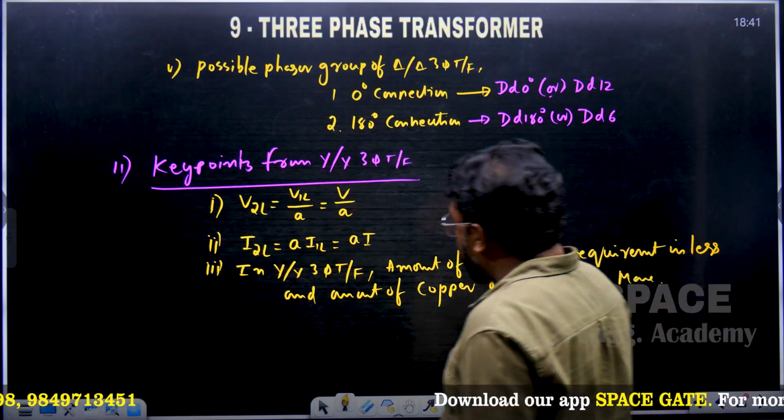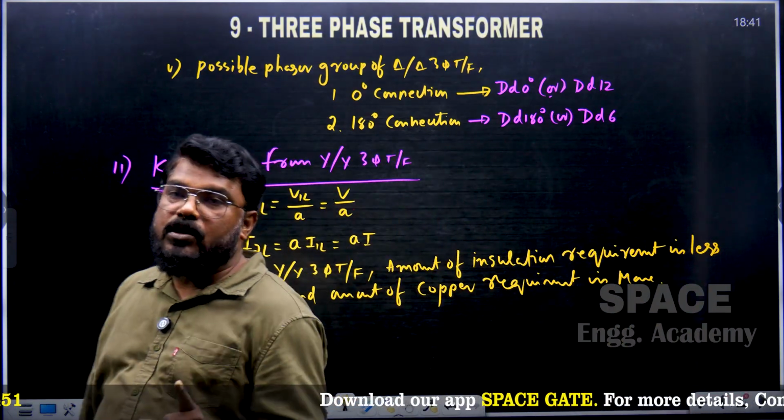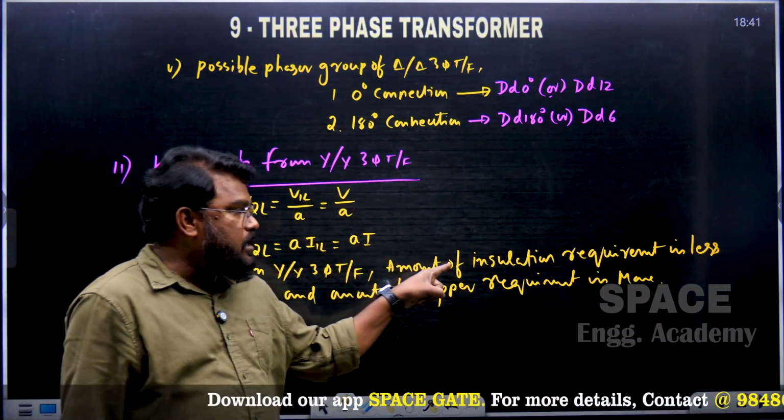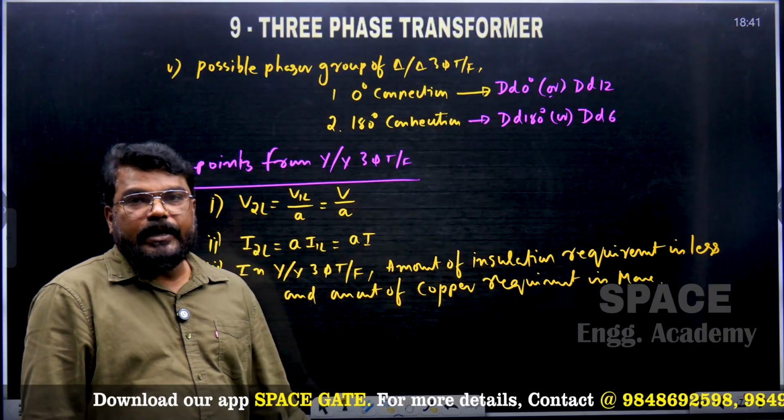Why? Because here phase currents are equal to line current, but phase voltages are equal to 1/√3 times the line voltage.